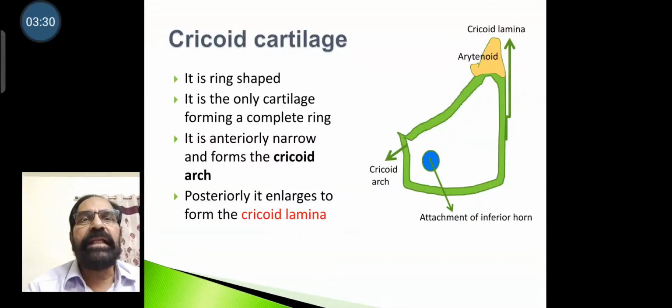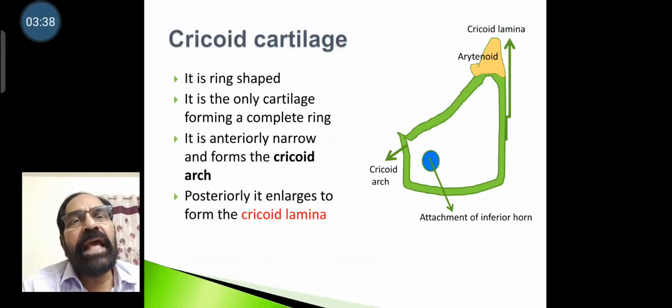When we go to cricoid cartilage, it is ring shaped and it is the only cartilage forming a complete ring. It is narrow anteriorly and forms the cricoid arch. Posteriorly it enlarges to form cricoid lamina. So cricoid arch and cricoid lamina can be seen in the picture.